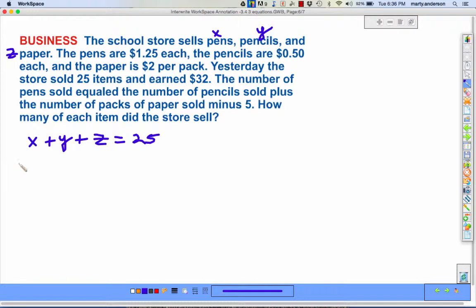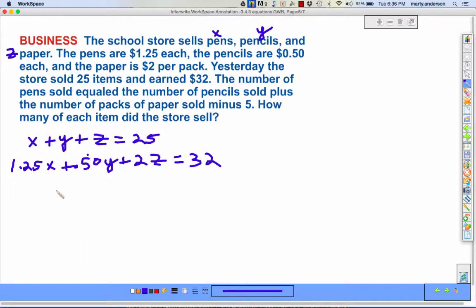And then we'll have money, $1.25 per pen plus 50 cents per pencil plus $2 for paper. That's a 0.5 there, and that's a 5, even though it doesn't look like it. Equals $32. So money plus money equals money, total number plus total number equals total number.